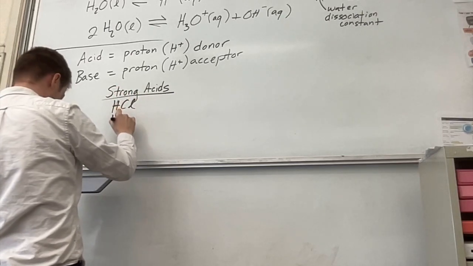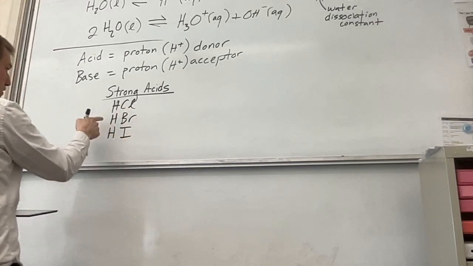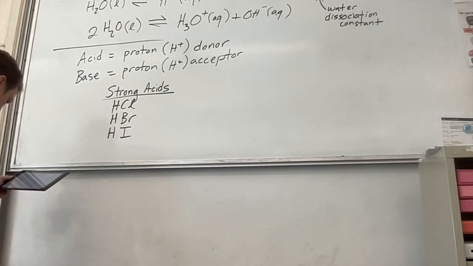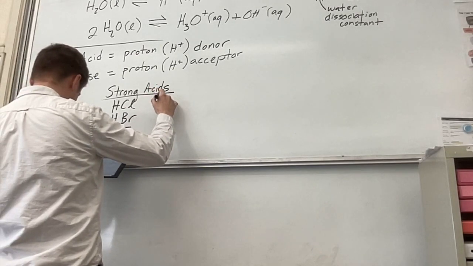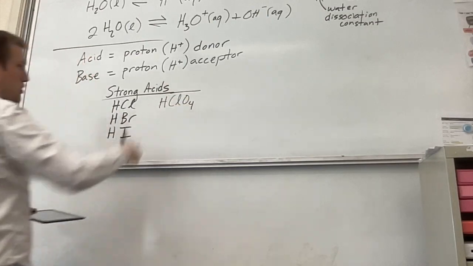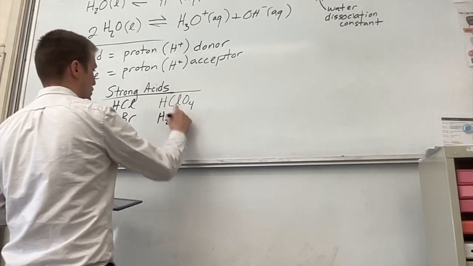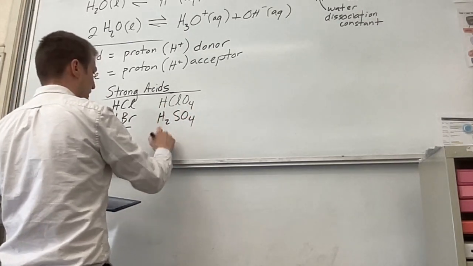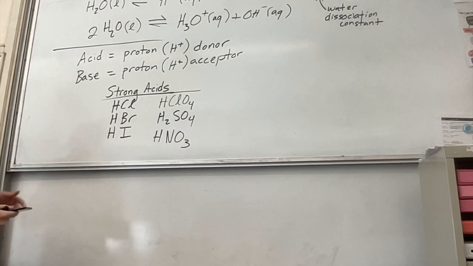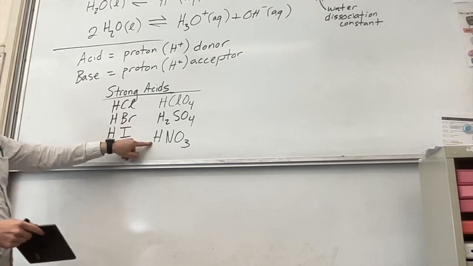HCl, HBr, HI, so hydrochloric, hydrobromic, hydroiodic, and then HClO4, so the perchloric acid with the perchlorate ion, H2SO4, which is sulfuric acid, and then HNO3, which is nitric acid. Probably the most common ones you're going to see are hydrochloric, sulfuric, and nitric.